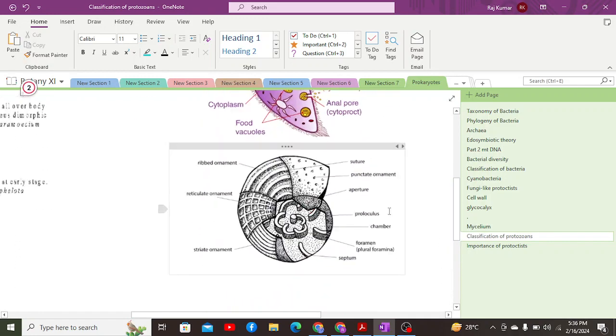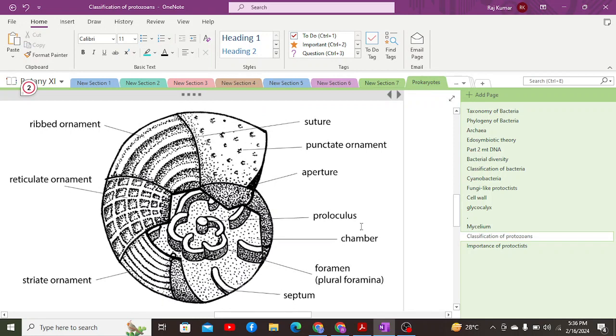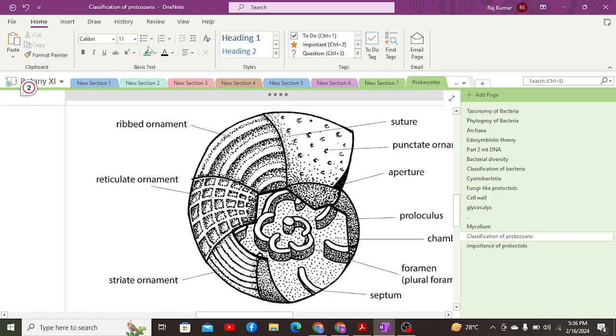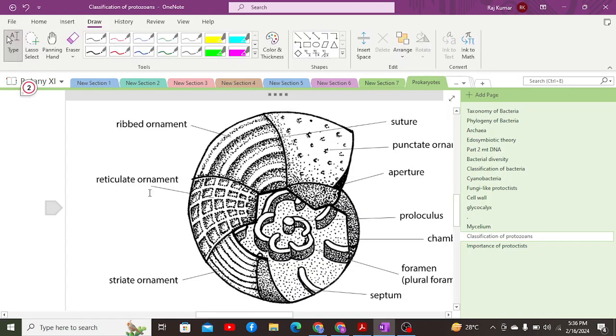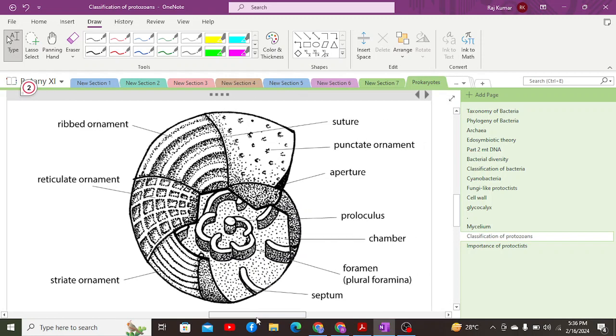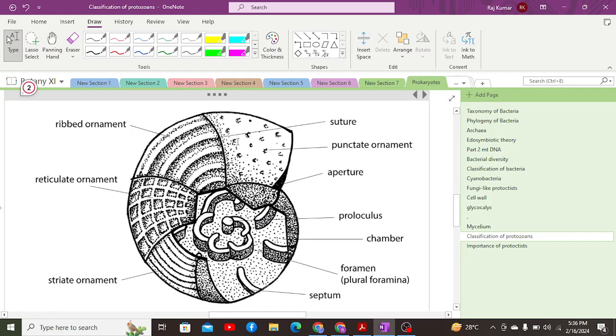This is the structure of a foraminifera. They have a reticulate ornament. This is a complete anatomy, but we are not going through that. There are several pores within their shells.